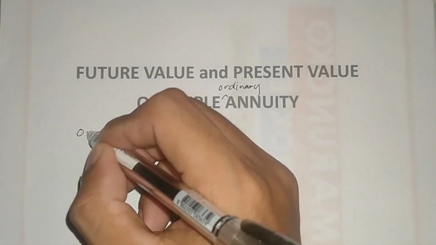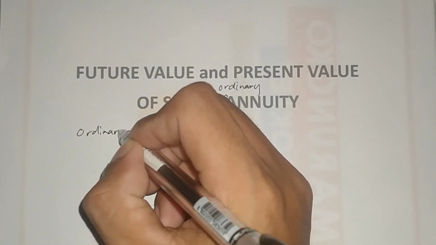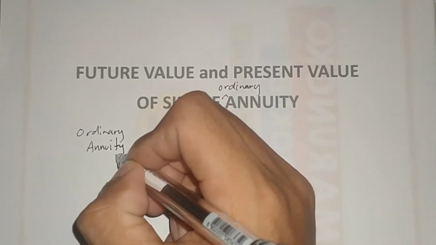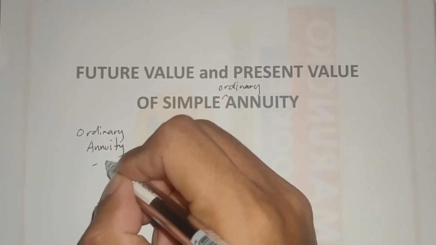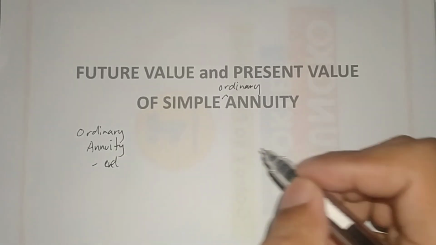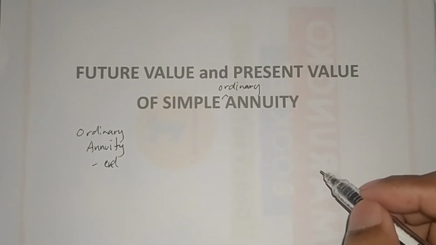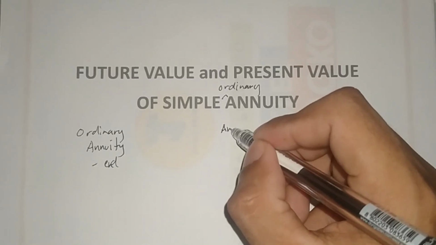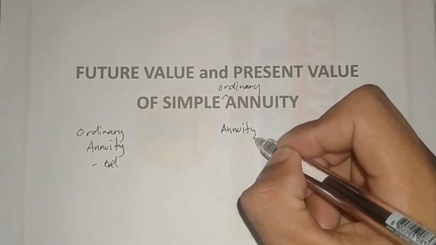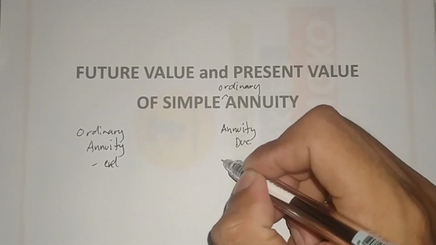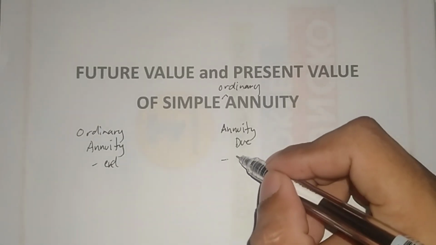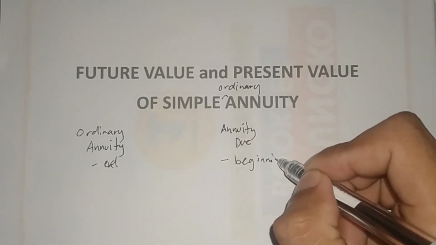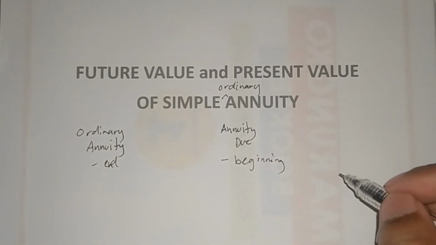When we say ordinary annuity, the payment is made at the end of each payment interval. While we also have the so-called annuity due, where the payment is made at the beginning of each payment interval.